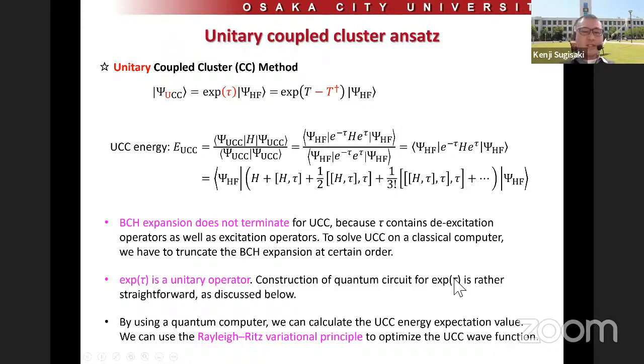Another important point is, if we can generate the quantum circuits corresponding to exponential tau, we can calculate the expectation value of the energy by using this equation. So because we have an expectation value of the energy, we can apply the variational principle to optimize the unitary coupled-cluster wave function. So the energy can be calculated variationally. This is a very important point.